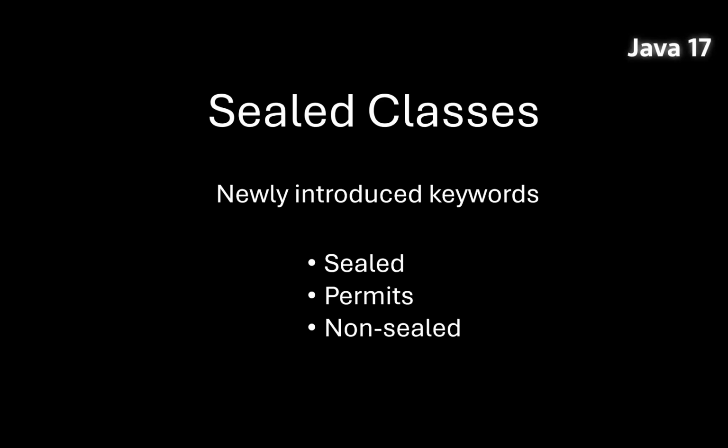This keyword tells the compiler which classes or interfaces are permitted for this particular interface or class. And lastly, we have the non-sealed keyword, which is exactly the opposite of the sealed keyword. So now let's see how we can use sealed classes and all these keywords in an actual scenario.